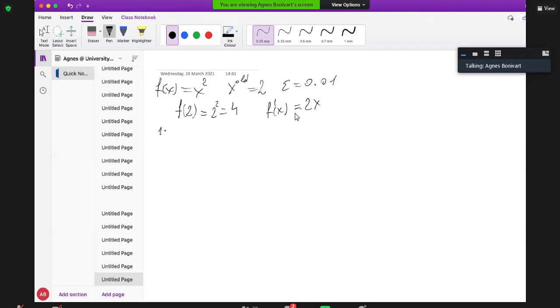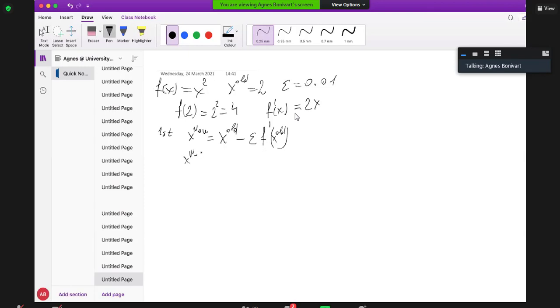And now we can do the first iteration. We need to find the new x. How do we find the new x? We take the old x, which is given, minus the learning rate, which is given, times the derivative of the function in the place of the old x. So we need to substitute the old x into the derivative.